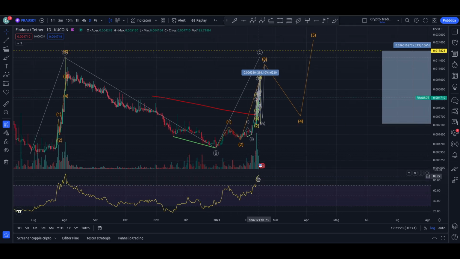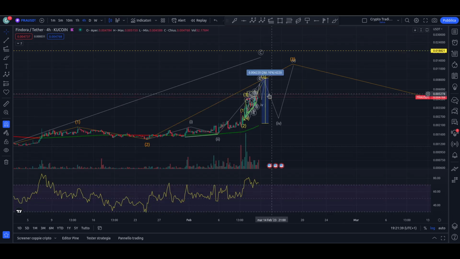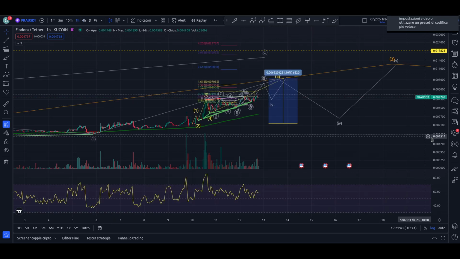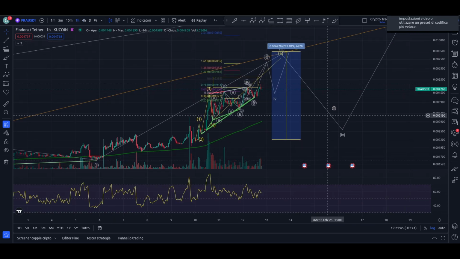And currently, as you can see, the RSI is quite high, so we absolutely have to pull down, but we cannot understand much if you stay on this time frame. You have to necessarily go more in detail, and we already went more in detail. Let's go back here.